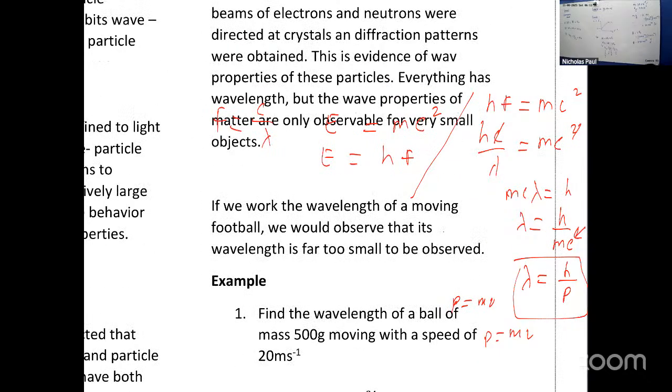Just do me a favor, when you finish, try that calculation for a minute. Find the wavelength of a ball of mass 500 grams moving with a speed of 20 meters per second.